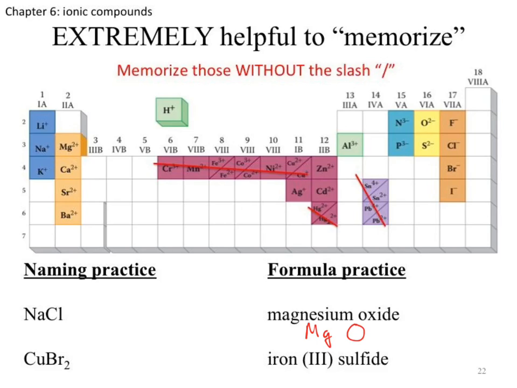How do you know it's a +2? I don't see the Roman numeral. You are required to have it memorized. Magnesium is a +2. What is the charge on oxygen? -2. Is our formula balanced? Yes. What does that mean? You better not put in that subscript 2, because you have now unbalanced your formula. Okay. Iron 3 sulfide.